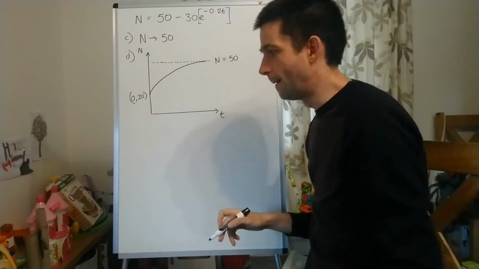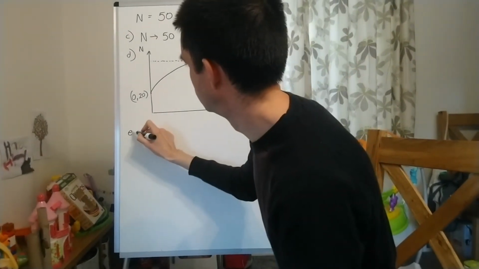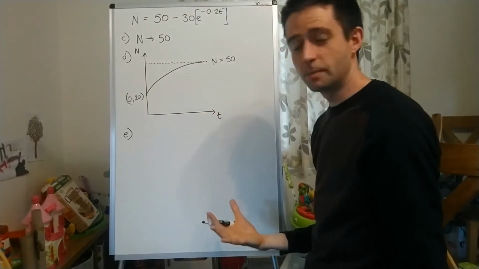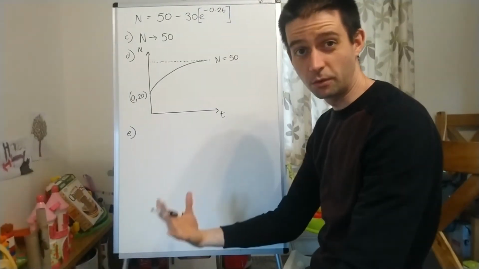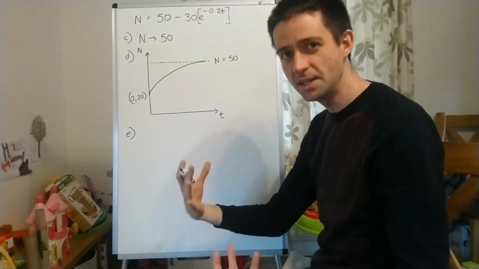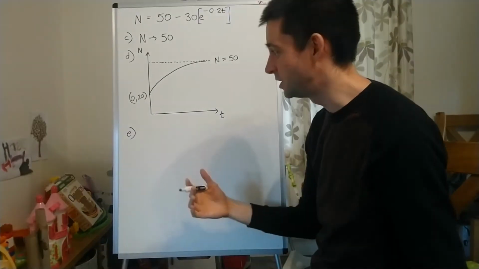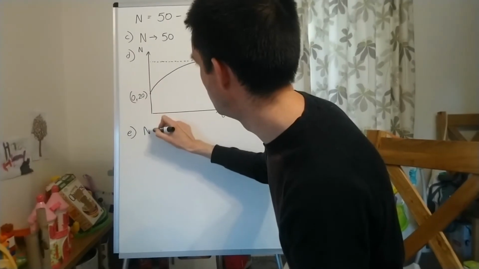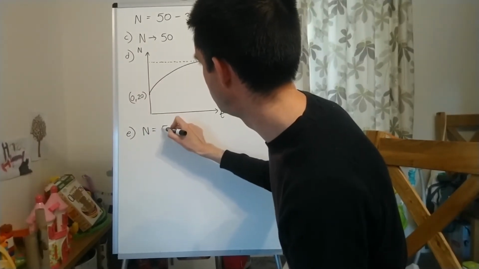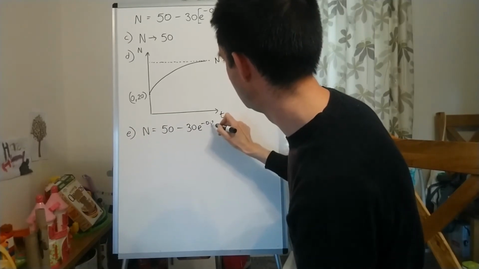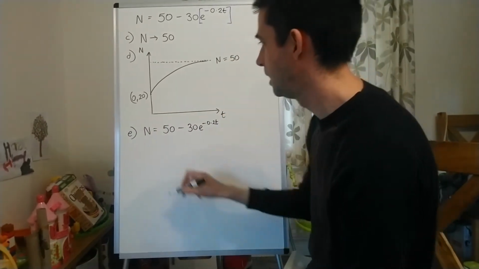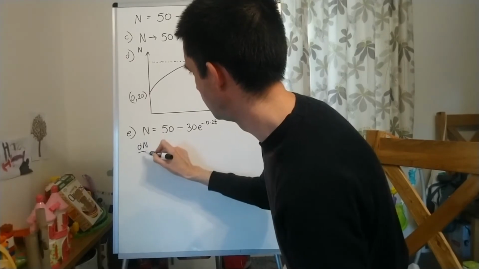Now then, E, it's asking us about rate again, and it even says this time find using dn dt, so differentiating n. But remember that word rate, as soon as you see that word rate, means differentiate. So I'm going to start with n equals 50 minus 30e to the negative 0.2t, and I'm going to differentiate it.